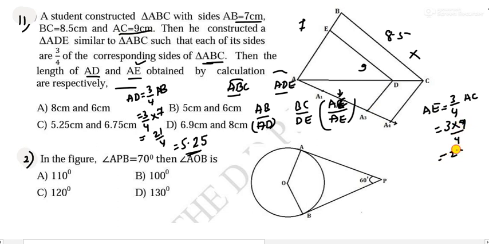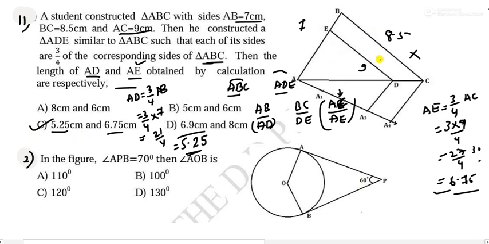So 9 3s are 27 by 4. When you solve this, you will get 6.75. So you're getting 5.25 and 6.75. So option number C is the same. Therefore, this is the right answer.